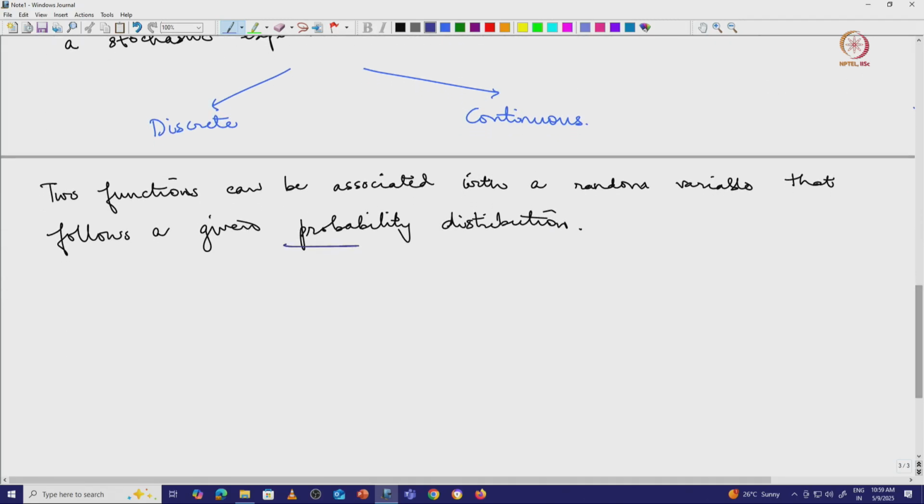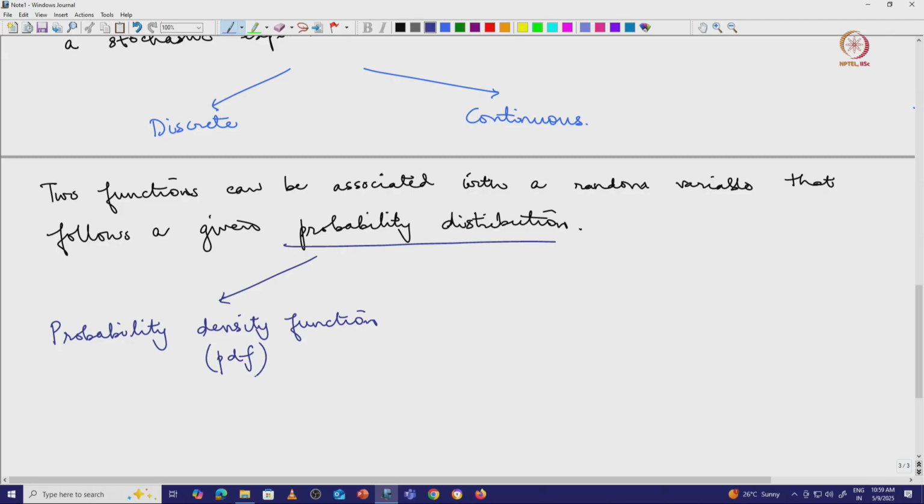So, these are the probability density function, that is often shortened to PDF, and the cumulative distribution function, which is shortened to CDF.